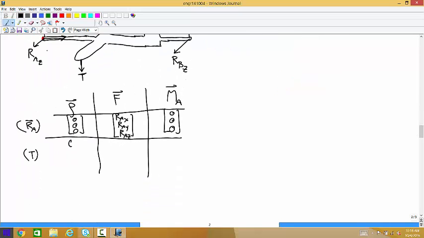So the rho vector is 0.2, 0, 0.2. The force vector is in the negative y direction, so 0, negative T, 0. So you get 0.2 T for the x component, 0 for the y component, and negative 0.2 T for the z component.